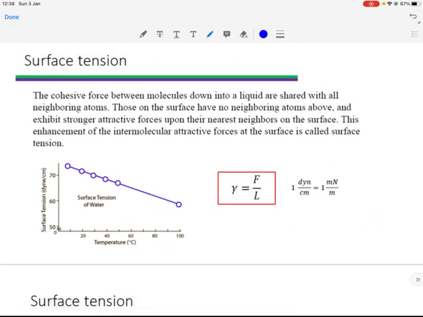Okay, so for the surface tension force, of course, there should be a force because we talked about force before, right? Cohesive force. We talked about cohesive force before, and this force is related to a property of that liquid.